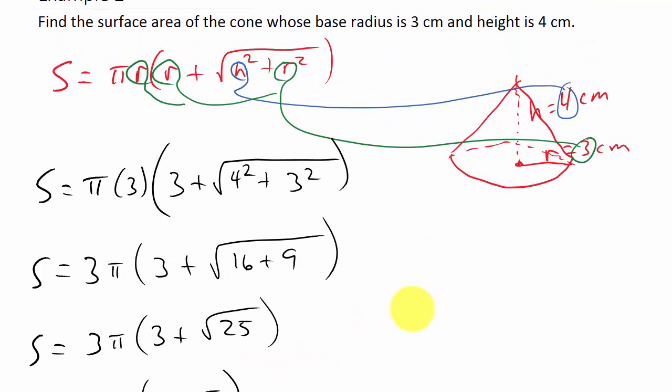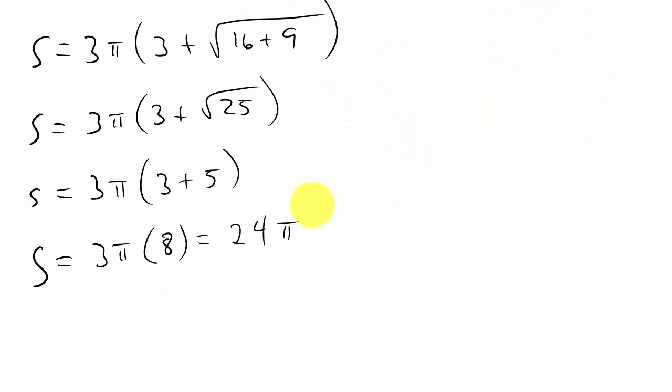And let's see, that is in centimeters, and so that would be square centimeters. And we could punch this into our calculator. 24 pi rounded to 1 decimal place would be 75.4 square centimeters.